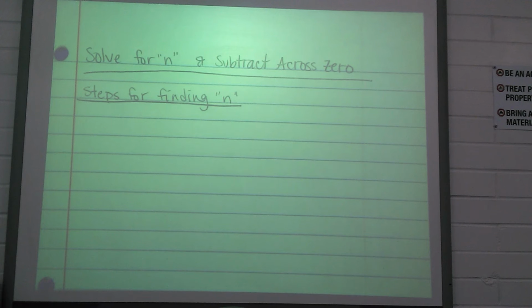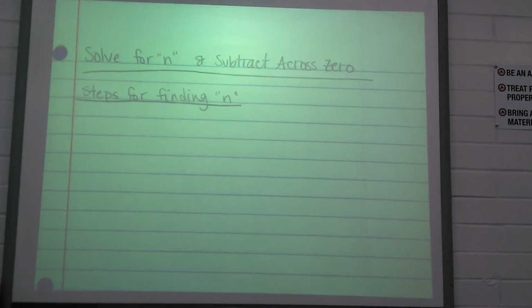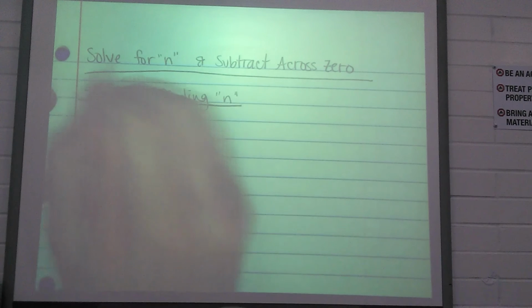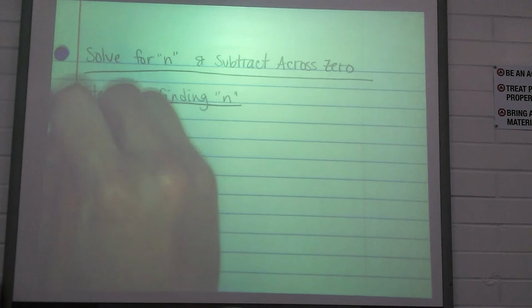But for purposes of not confusing everybody in the class and having people do things different ways, I'm just going to use one way. And if you can become really good at this one way, you'll get the question right every single time, okay? So this one always works, which is why I like to use it.